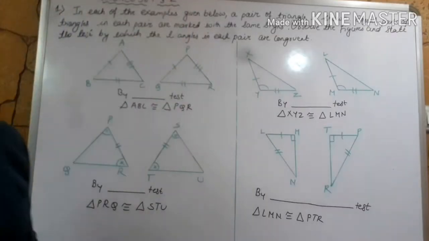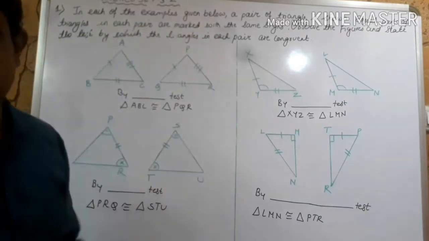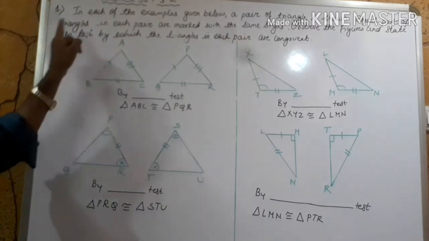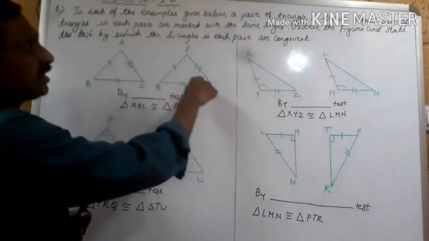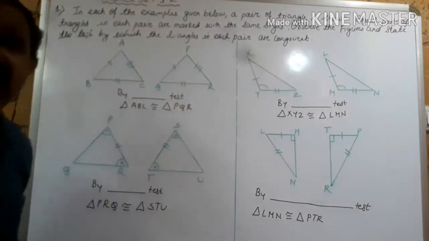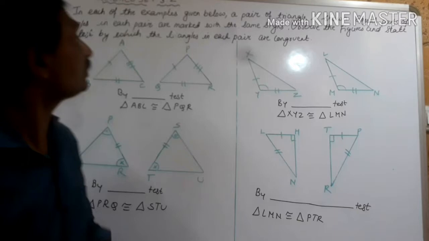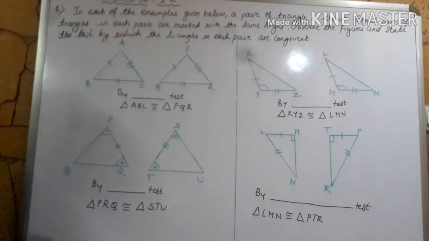Practice set 3.2, the first one. In each of the following examples given below, a pair of triangles is shown. Equal parts of the triangles in each pair are marked with same signs. Observe the figure and state the test by which the triangles in each pair are congruent. Okay, look at the first one.